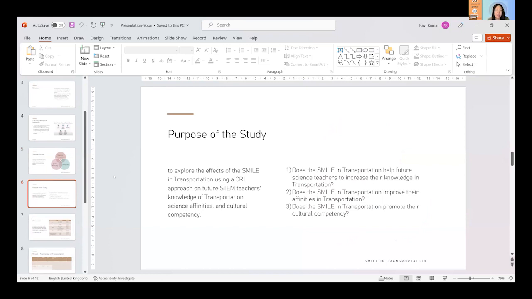So again, this study is to measure whether the culturally responsive instruction training is effective on future teachers.